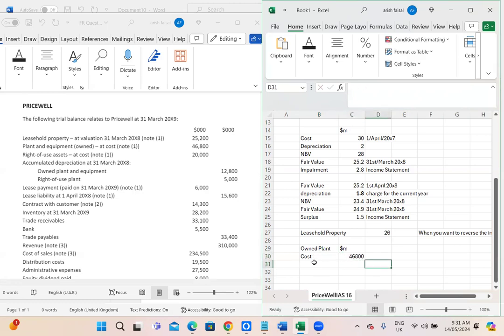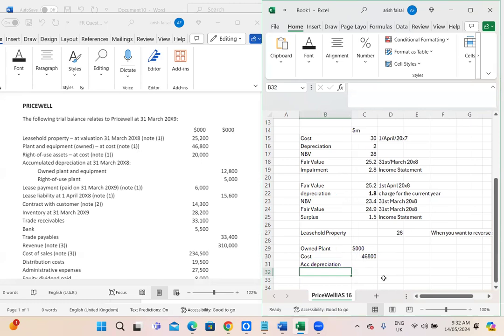Okay. And there has been an accumulated depreciation on this own plant and equipment of 12,800. So this is in thousands, right? So the accumulated depreciation you have is 12,800.